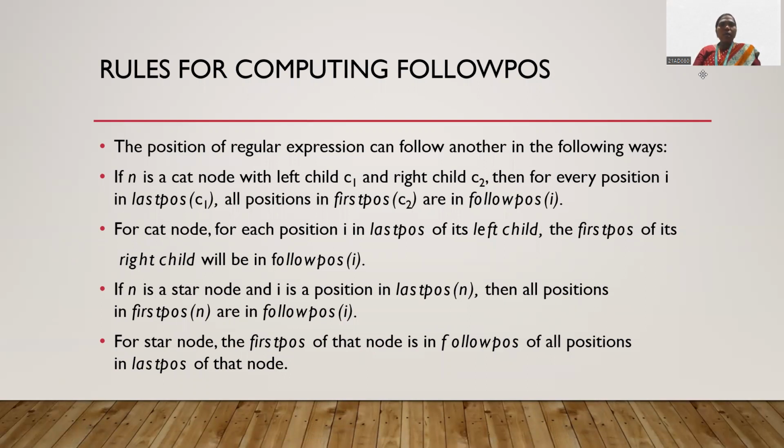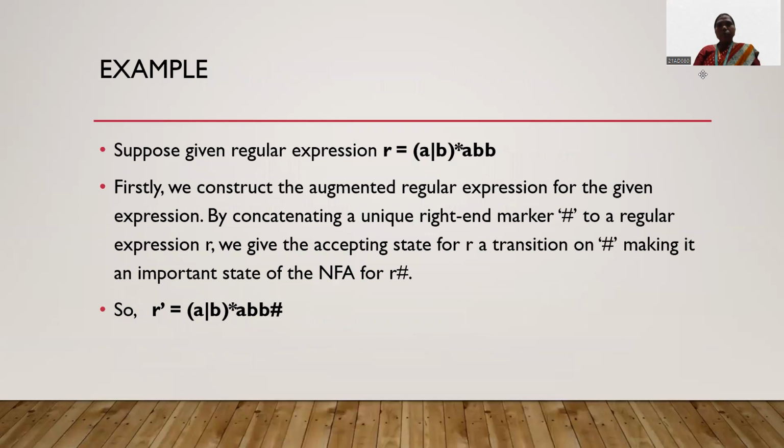For a cat node, for each position i in lastpos of its left child, the firstpos of its right child will be in followpos of i. If n is a star node and i is a position in the lastpos of n, then all positions in firstpos of n are in followpos of i. For a star node, the firstpos of that node is in followpos of all positions in lastpos of that node.